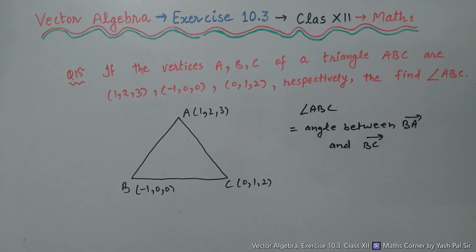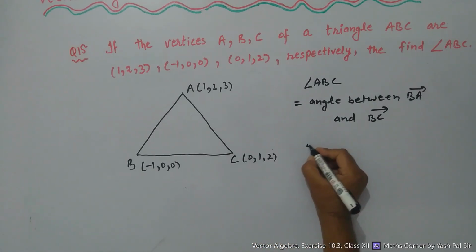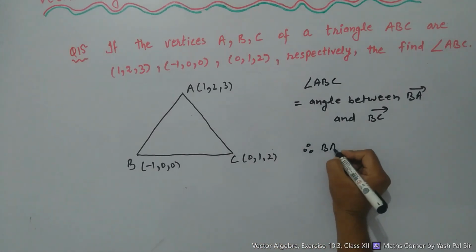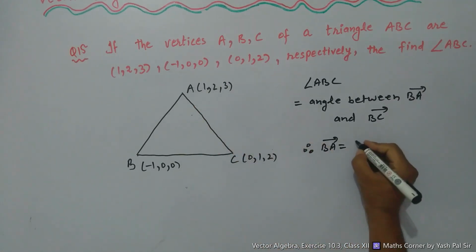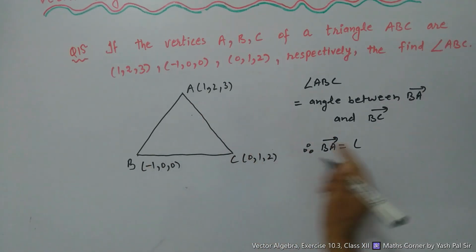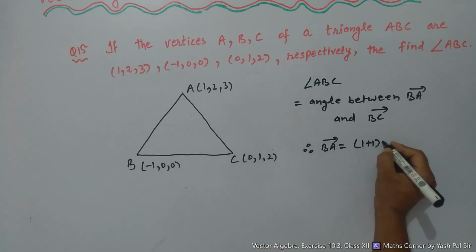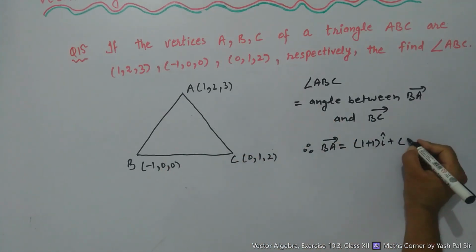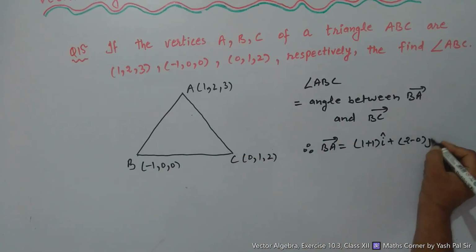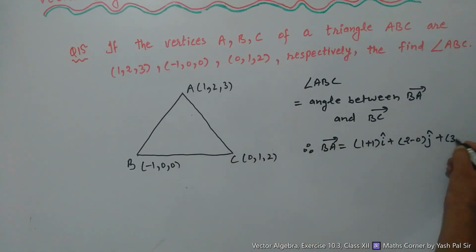So here we find BA first of all. BA vector is equal to the position vector of A minus the position vector of B: (1 minus minus 1) i plus (2 minus 0) j plus (3 minus 0) k.